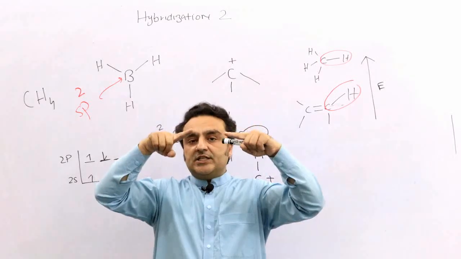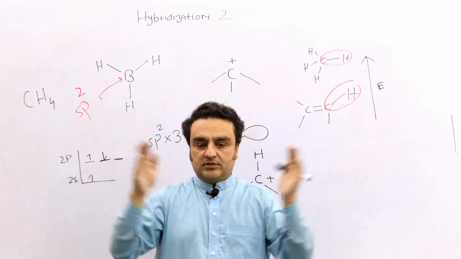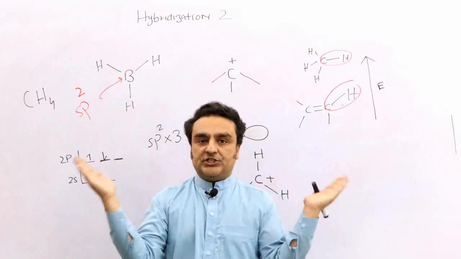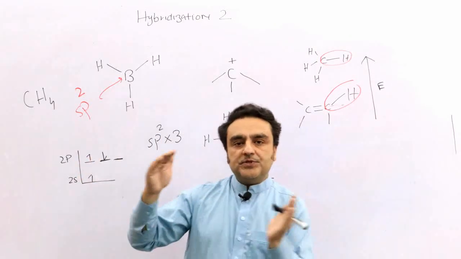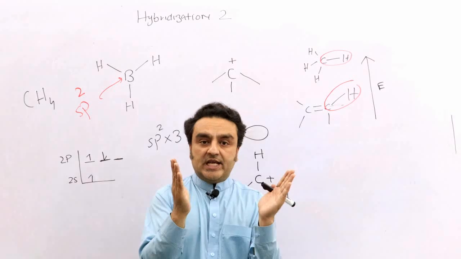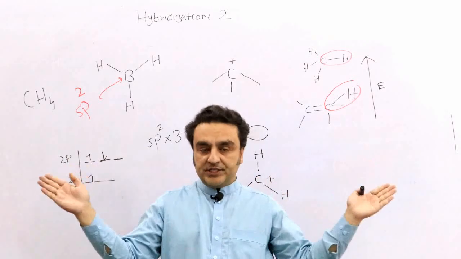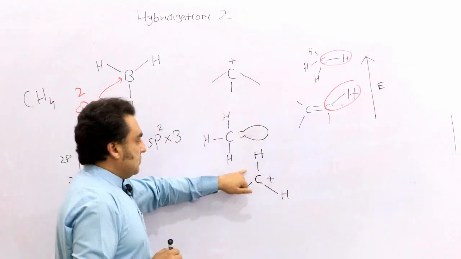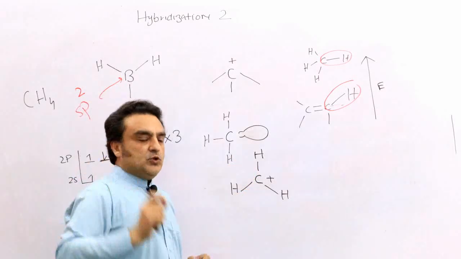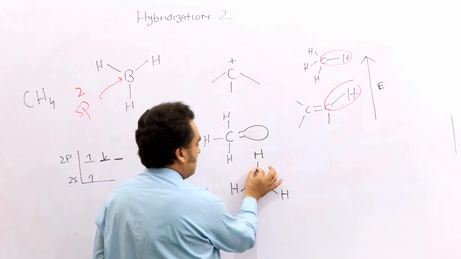As the s character increases, the bond angle increases. In sp3 the bond angle was 109, in sp2 the bond angle became 120. So what does the sp2 do? The sp2 does one thing.